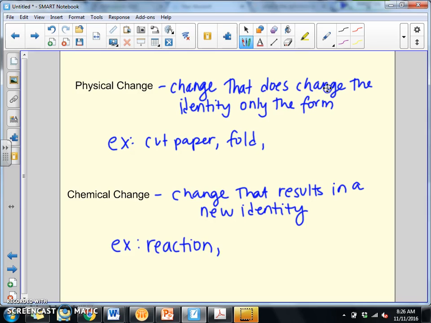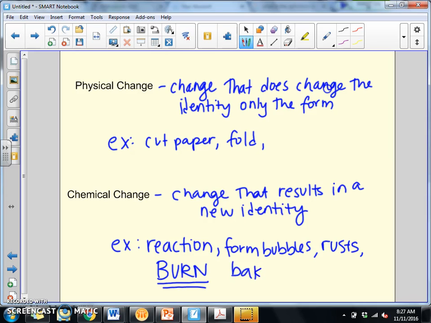Anytime you form bubbles, if you add two things together and bubbles or a gas is produced, you have a reaction. Anytime something rusts, burning is huge. If you burn something, it is no longer what it used to be. So if you burn something, like a piece of wood or a piece of paper, anytime you bake.